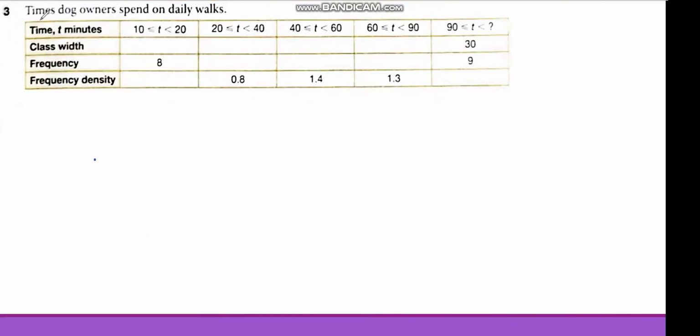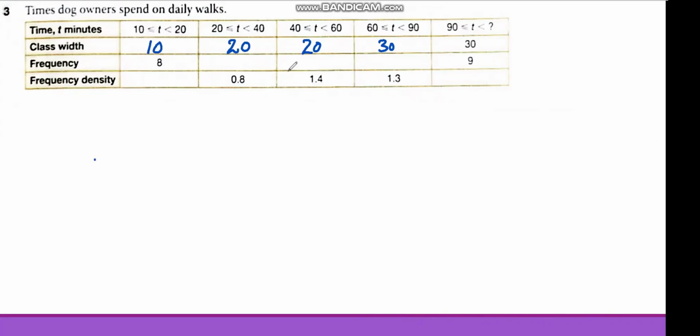In the next question, again, we have to draw the histogram of times dog owners spend on daily walks. So let's consider the class width first. Here the class width will be 10 because 20 minus 10 is 10. Then the class width will be 20, then 20, and then it will be 30. And here we don't know the class width.